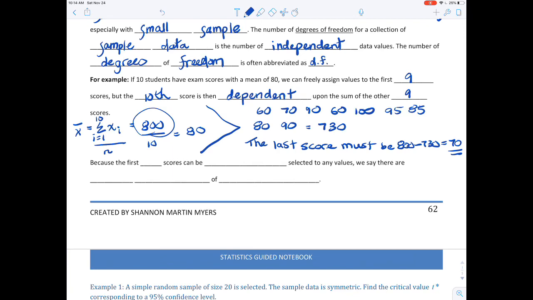If you're dealing with inferences about 2 means, then you would have to estimate sigma 1 with S1 and sigma 2 with S2. So you would have to take away 2 to get your degrees of freedom from the number of sample values. The first 9 scores can be freely selected to any values. We say there are 9 degrees of freedom.